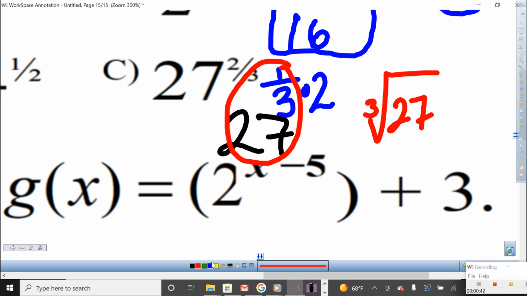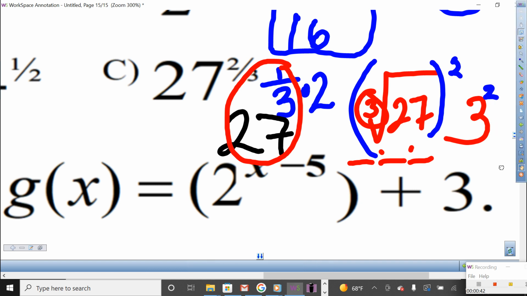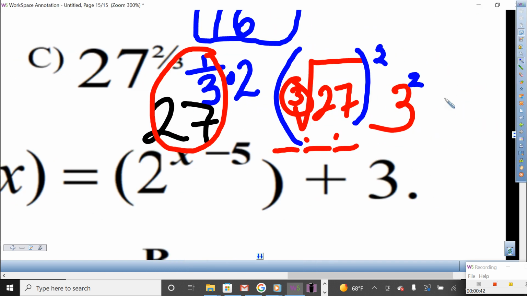What stayed outside? The 2. Therefore, what number times itself 3 times, because that's what that says, gives us 27? 3, but we have an exponent outside, which is a squared, so what is 3 squared? 9. So the answer for this one is 9.